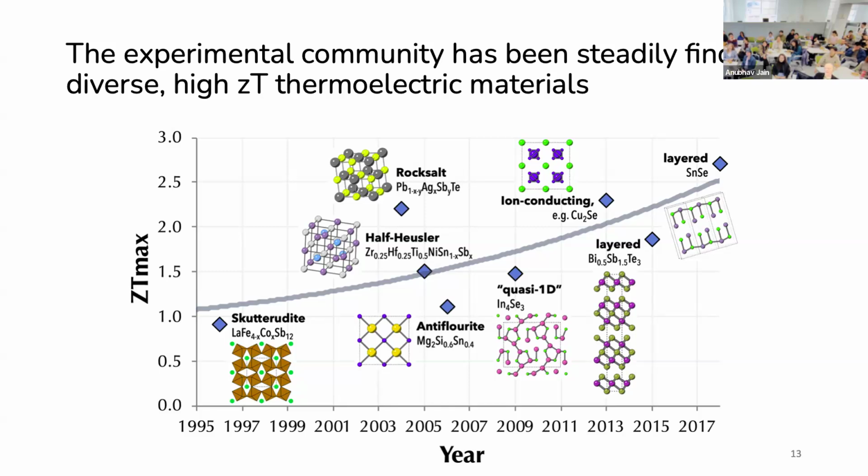You see simple rock salt and derivatives like Heusler and antifluorite, very simple crystal structures working. You also see very complex structures working, like this Fe4Sb12-type structure. You also see all sorts of chemistries that are potential thermoelectrics, so it's not just a section of the periodic table that's interesting. So there's a pretty wide canvas for materials that could be thermoelectrics and a very large design space.